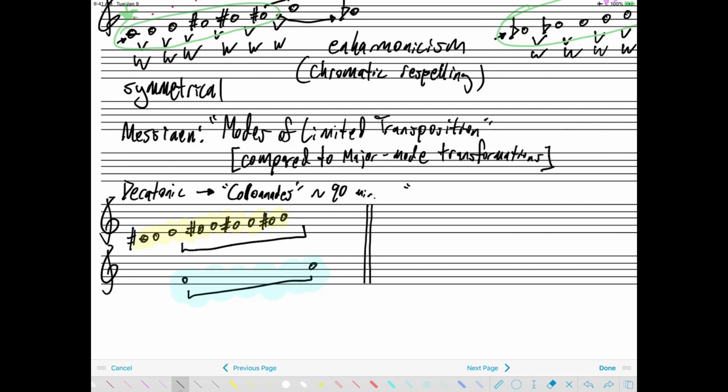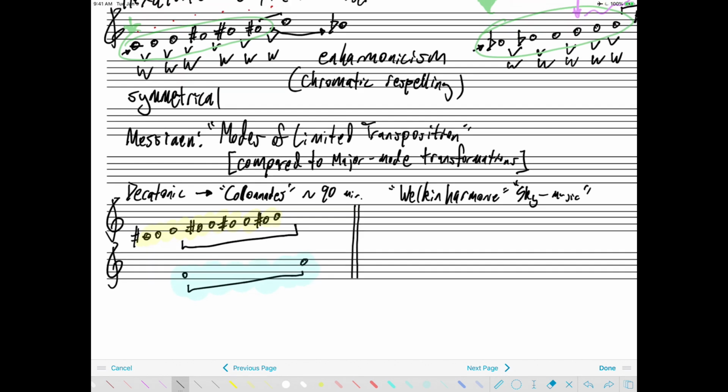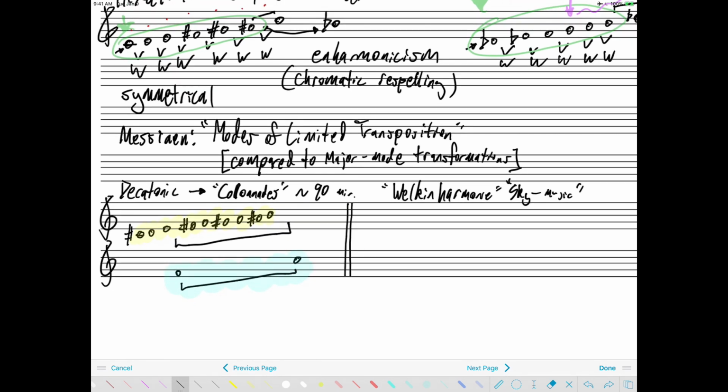Another piece that I was playing around with some of these formations is Welkin Harmony, or sky music, essentially. Welkin is the Old English term for the heavens. And in this, one of the things I was interested in was playing around with colors.